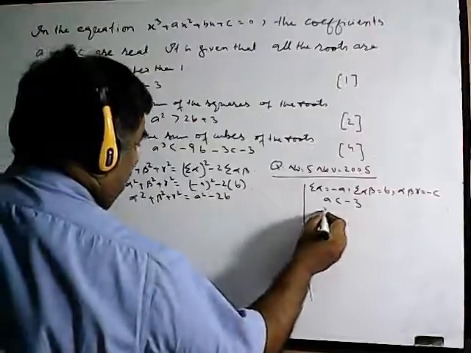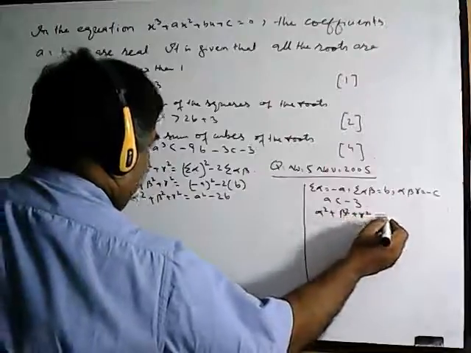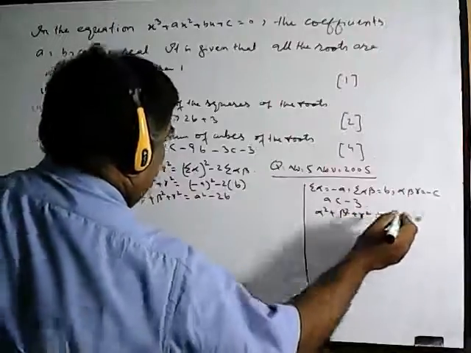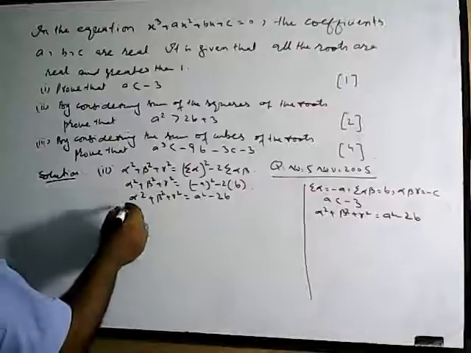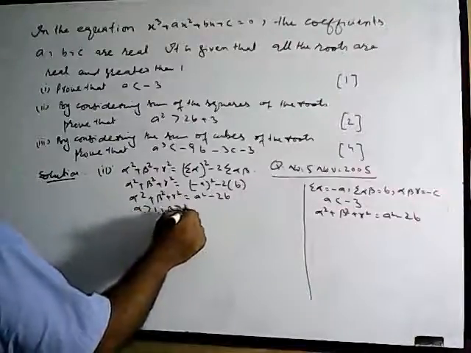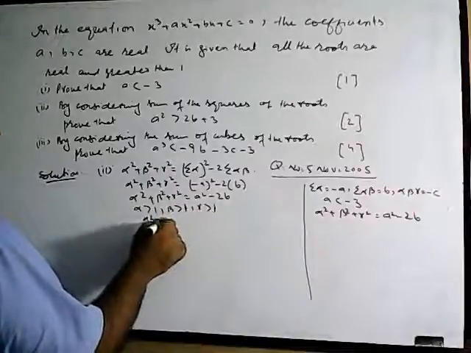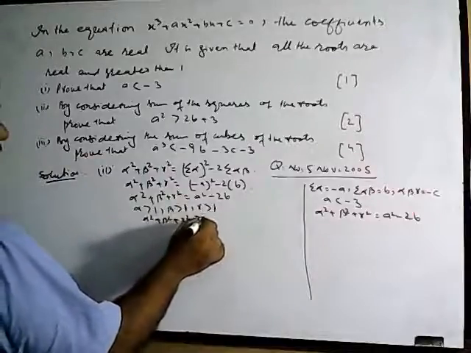I'll be needing this value sometime, so I'm writing it here. Now since alpha, beta and gamma are each greater than 1, clearly alpha squared plus beta squared plus gamma squared will be greater than 3.